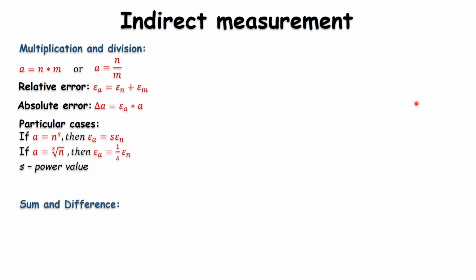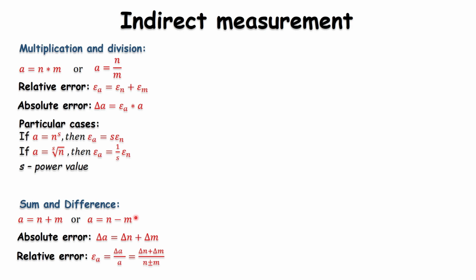If the indirect value, let's call it A, is defined by the sum or difference of direct values N and M, then the absolute error is equal to the sum of absolute errors of these direct values. And the relative error can be calculated by this equation.